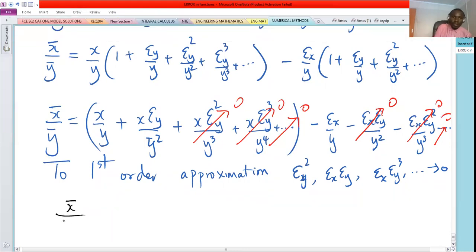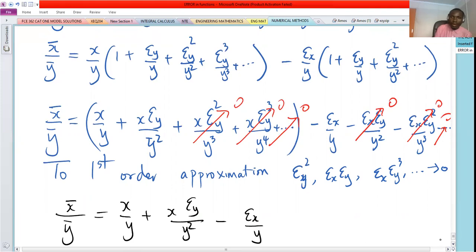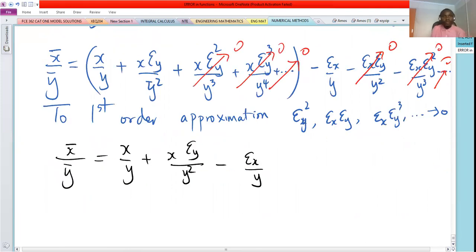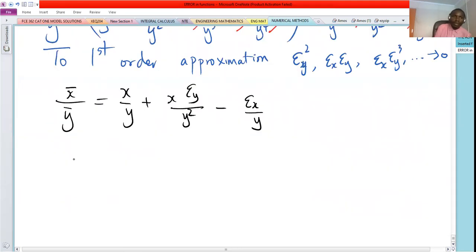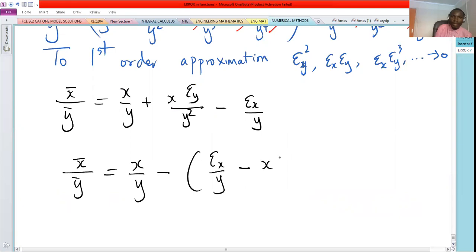x̄ over ȳ equals, here we have x over y plus x error in y over y squared, and then here we have minus error in x over y. So we can write this one as x̄ over ȳ equals x over y minus error in x over y minus x error in y over y squared.